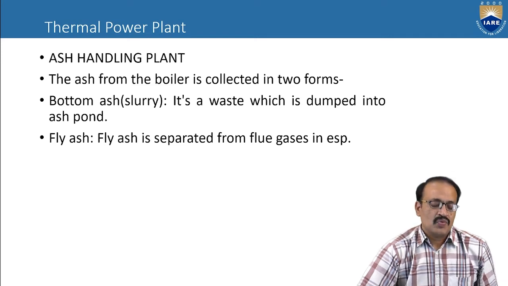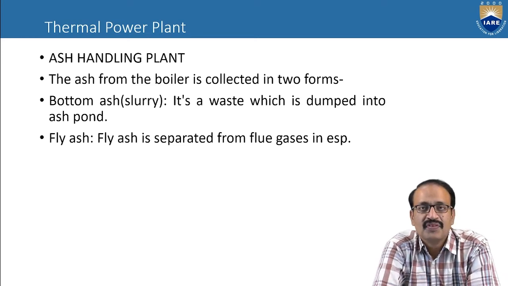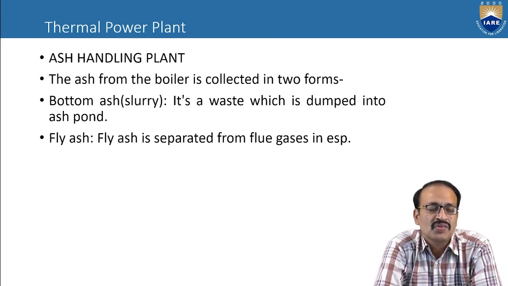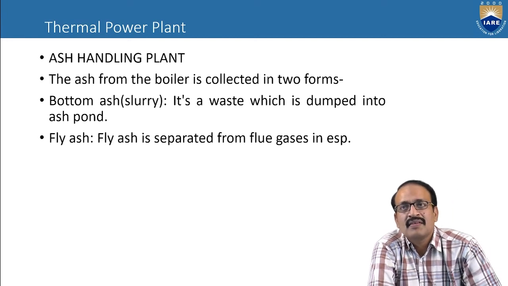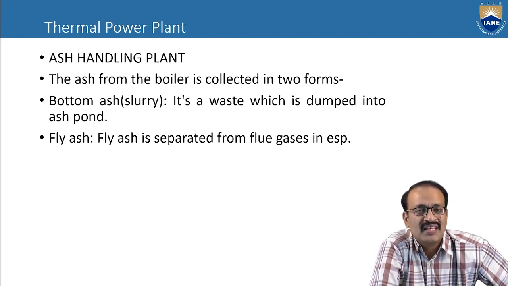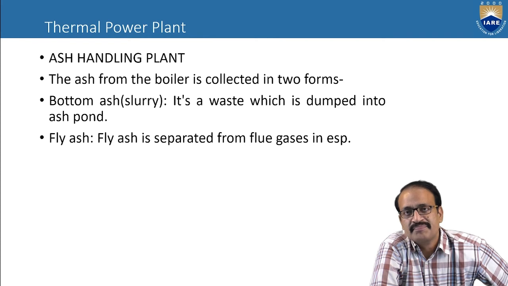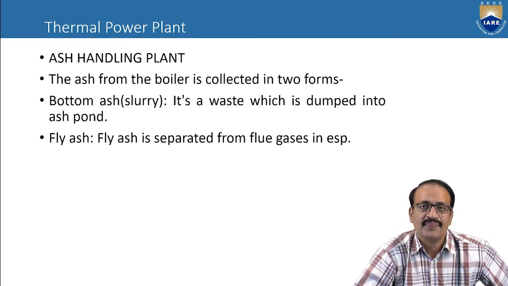There are two types of ashes here: bottom ash or slurry, and fly ash. The slurry is dumped into the ash pond, and fly ash is separated from the flue gases with the help of the electrostatic precipitator. So this is another type of waste.